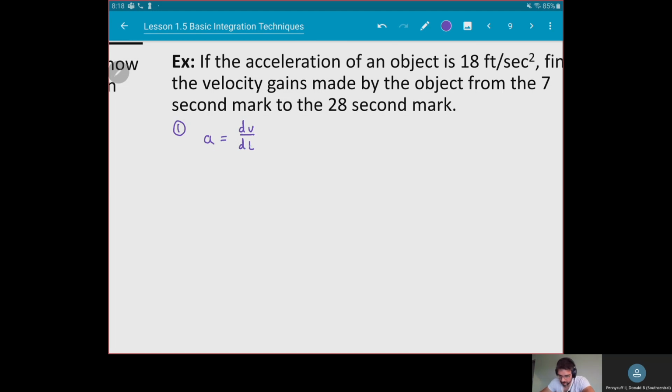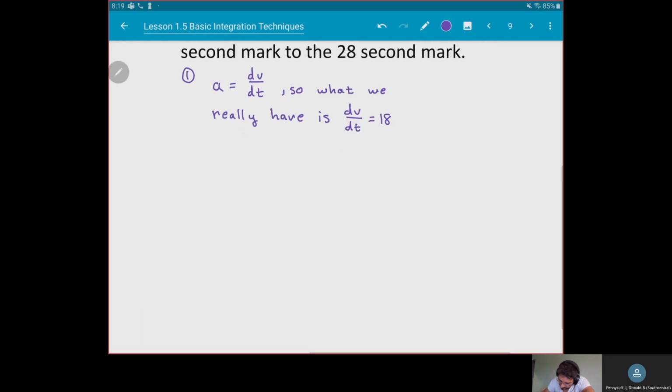It's that differential. So what we really have is dv over dt is equal to 18 feet per second squared. That's really what we have. So let's solve that.